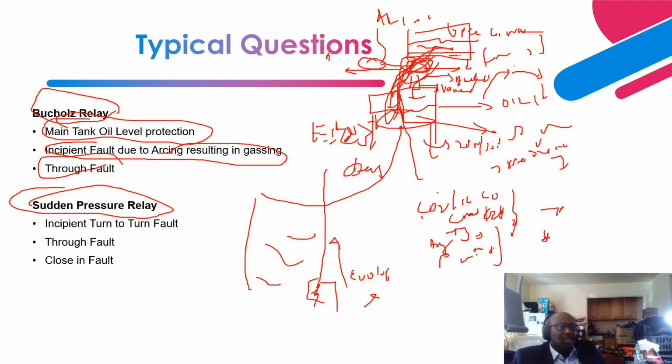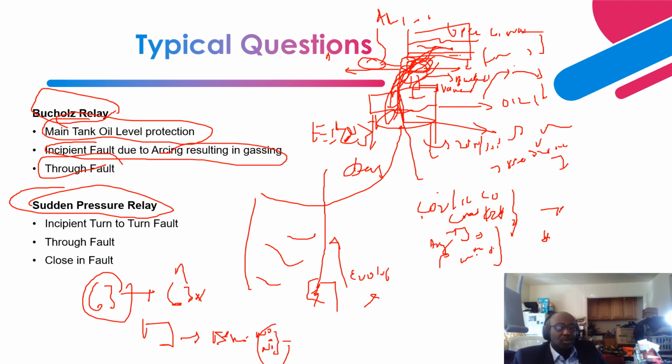The sudden pressure relay is an ANSI device 63. It's usually wired to a 63 auxiliary relay called 63X. Remember, this is a mechanical device that has inside it a micro switch, which is an electrical contact with normally open, normally closed, and a common, whichever section you use. Then this is wired to an 86 lockout relay, then it trips a breaker that isolates and protects the transformer.